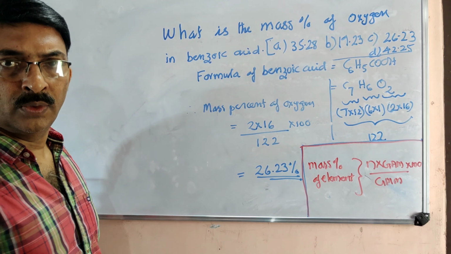If the first compound is represented as A1B1 and the second compound as A2B2, then we can directly apply the equation: percent A1 by percent B1 into B1 by A1 is equal to percent A2 by percent B2 into B2 by A2. You have to keep this in memory always.